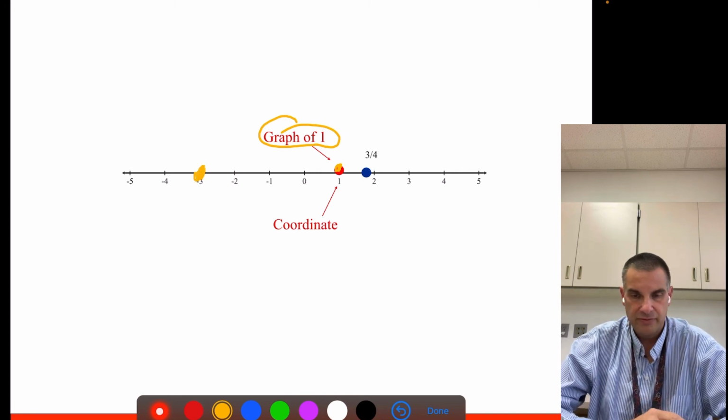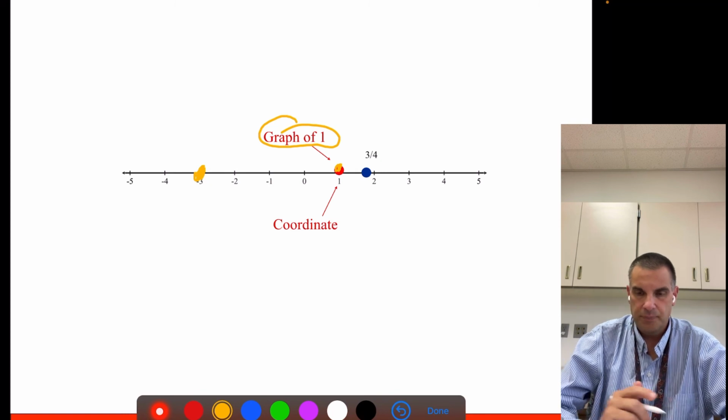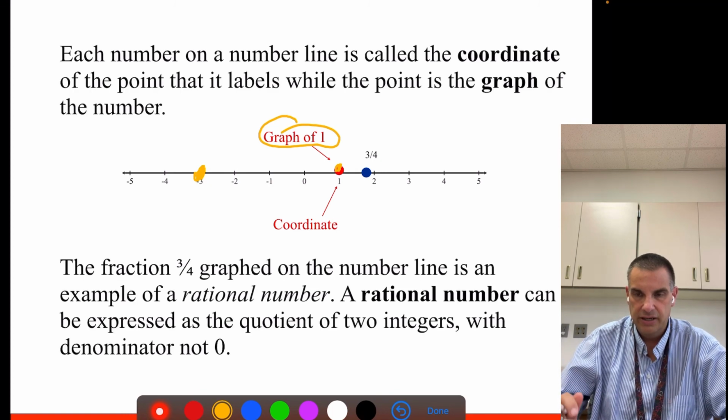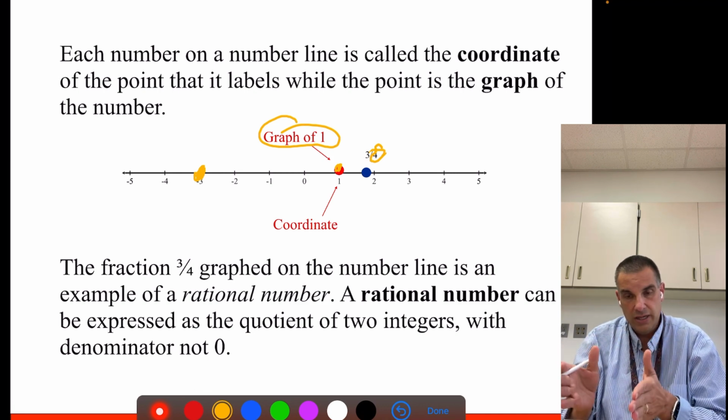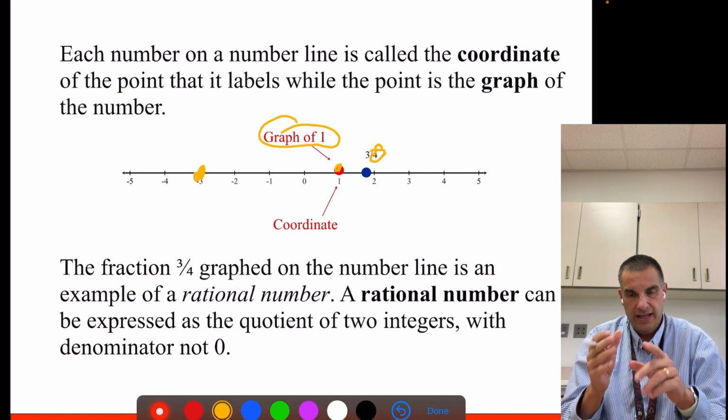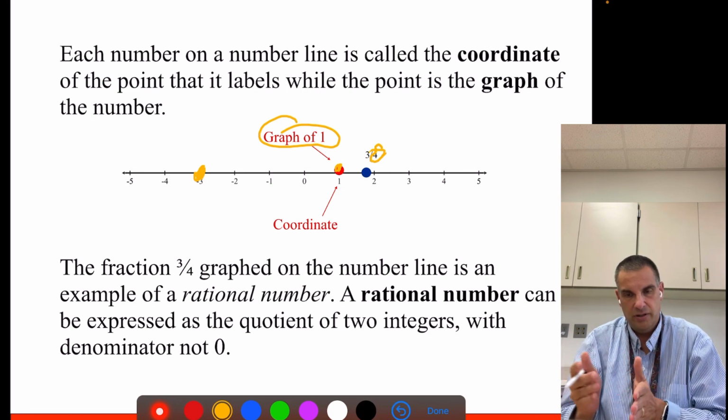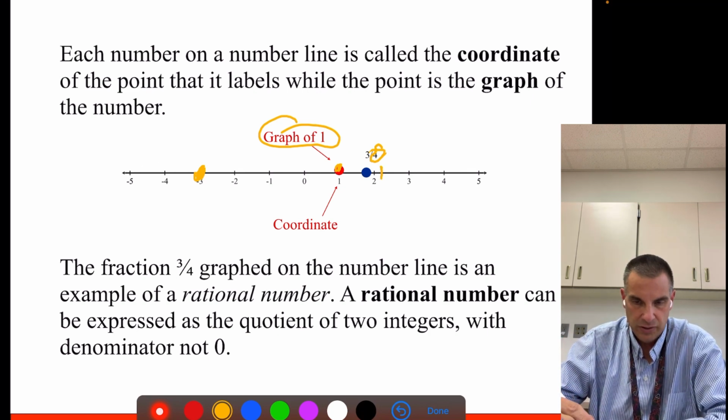You can graph fractions as well. Realistically, the denominator tells you how many sections you're going to divide that unit up into. So the distance between 1 and 2, or 2 and 3, the denominator tells you that you're going to break it up into 4 segments. So there's segment 1, 2, 3, and 4.